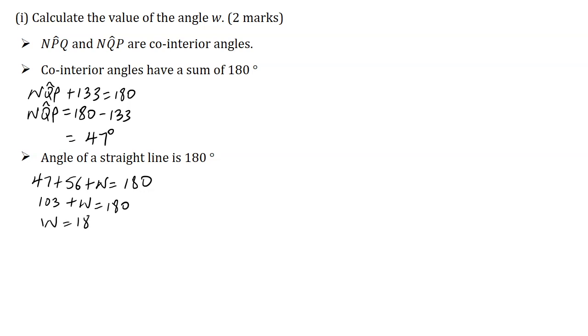W is equal to 180 minus 103. W is equal to 77 degrees.